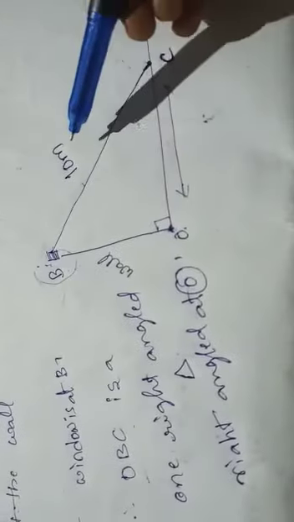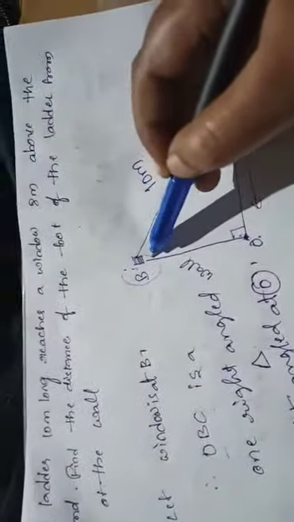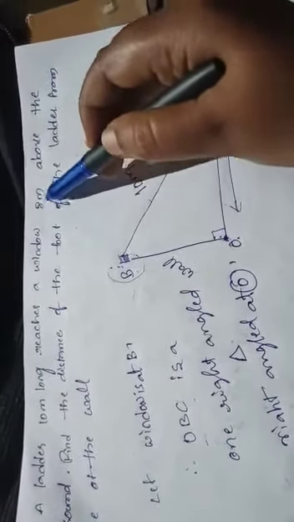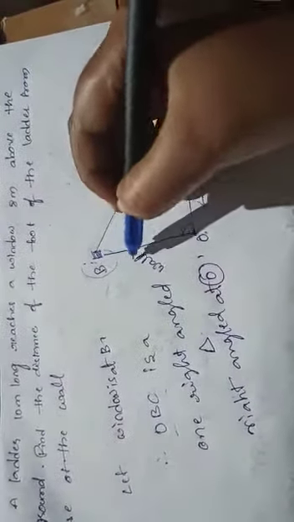The BC value is nothing but the length of the ladder, 10 meters whole square. OB equals window 8 meters above the ground. Okay, OB equals 8 meters.